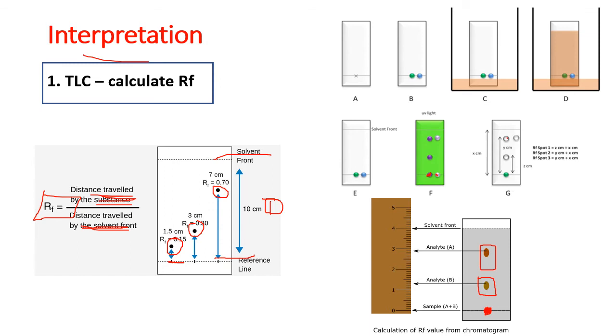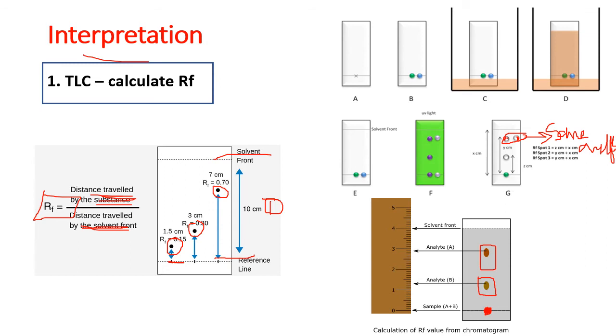But what if we have two spots having the same RF? The distance traveled by them over the total distance traveled by the solvent is the same, then this means that those two are the same analyte. So after measuring your RF, you need to interpret. If I gave you, for example, TLC F and I asked you to interpret it, what you will say?